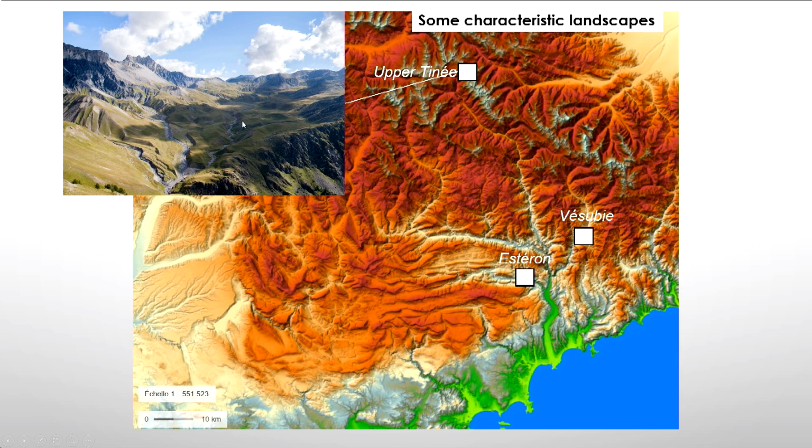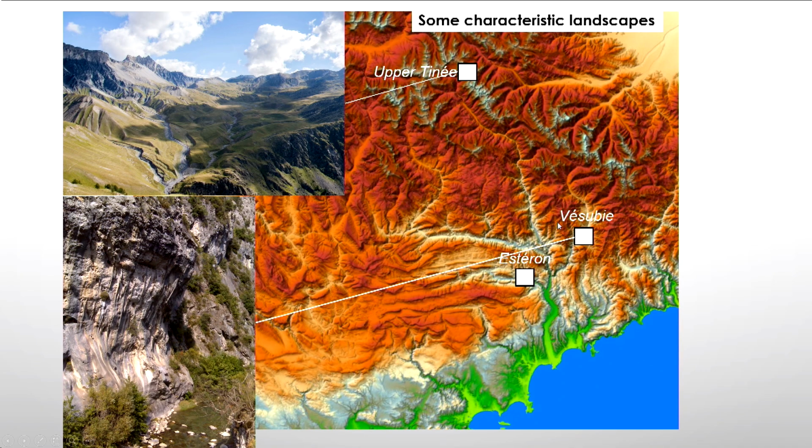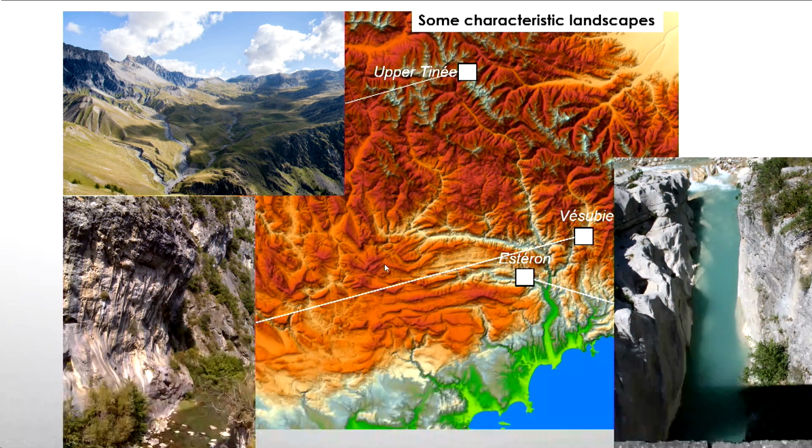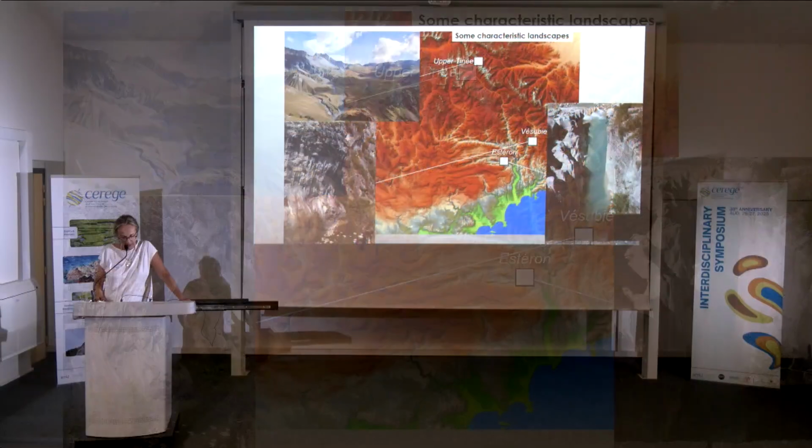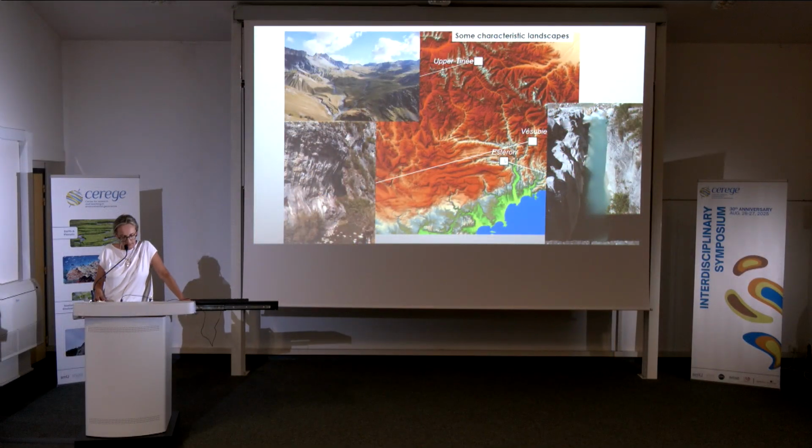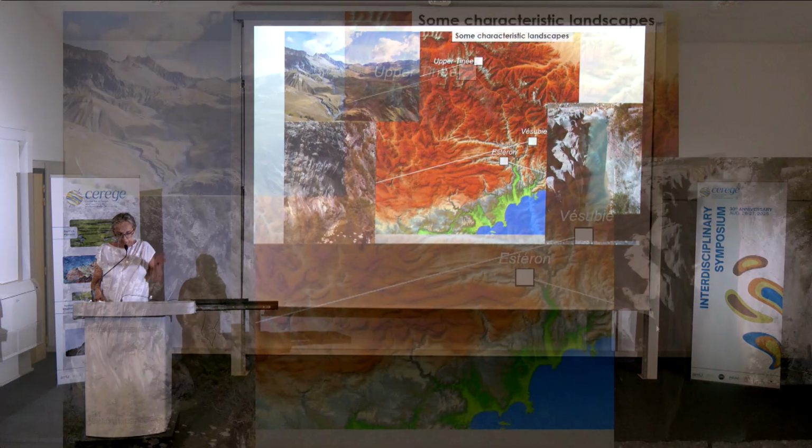But if we go downstream, closer to the coast, of course, everyone is familiar with that, we see very different landscapes. These are two examples here in the Vésubie and Estérons rivers. All these rivers belong to the Var river catchment. And as you can see, very different things with evidences of vertical down-cutting of the bedrock by the river.